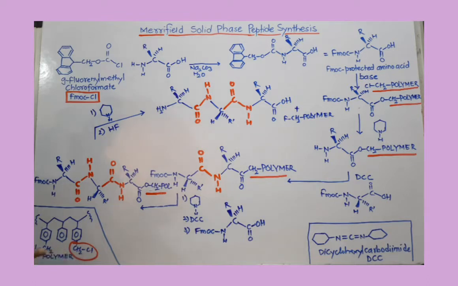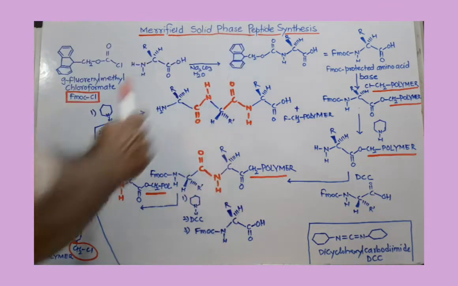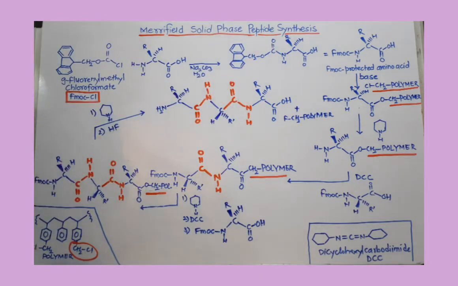This is the site where the reaction is taking place. Because of this solid polymer, we call it solid phase peptide synthesis, and we can synthesize a larger molecule of polypeptide with much more purity.